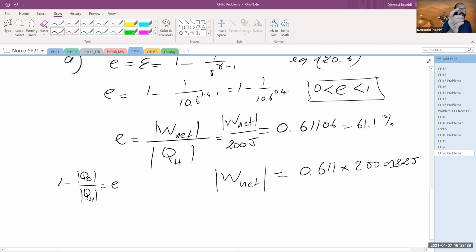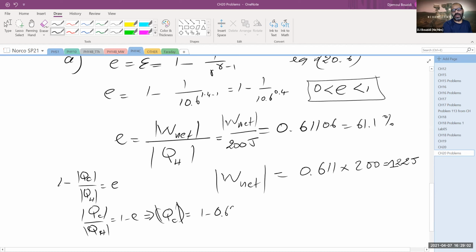As a matter of fact, we can find QC quickly in here. It's going to be simply equal to 1 minus E times 200 joules. So QC will be equal to, absolute value, of course, it's going to be a negative number really, 1 minus 0.611 times 200, or actually it's very easy. It's 200 minus this number.